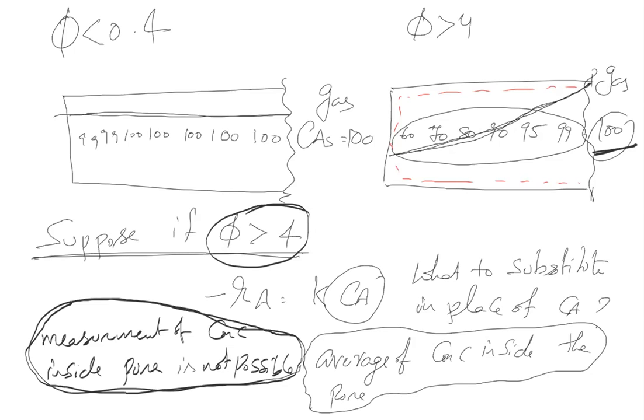If you are in the weak pore diffusion region, it doesn't matter, because the gas phase concentration and the concentration inside the pores are exactly the same, since diffusion resistance is negligible. But in the strong pore diffusion region, the concentration inside the pore is less than 100, because it is continuously dropping. Clear?